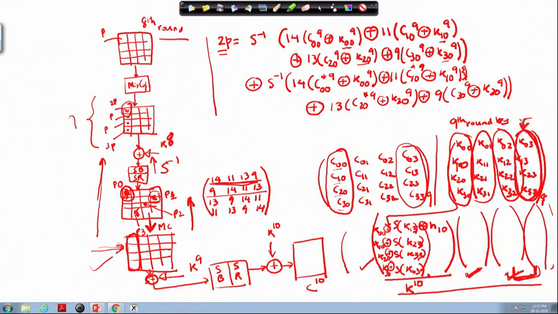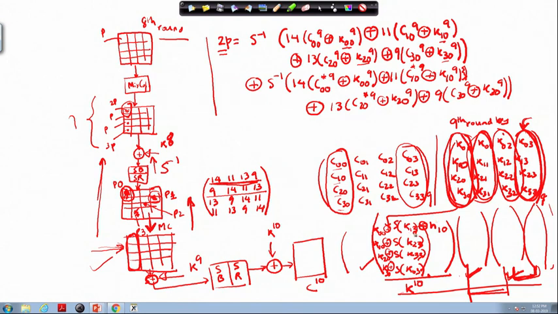Likewise, if you take an XOR of these two columns, you get the previous column. So you can express three columns of the 9th round key just by XORing successive columns of the 10th round key. Only for the first column of the 9th round key do you have to do a little maneuvering, because there is a cyclic rotation that we have done.